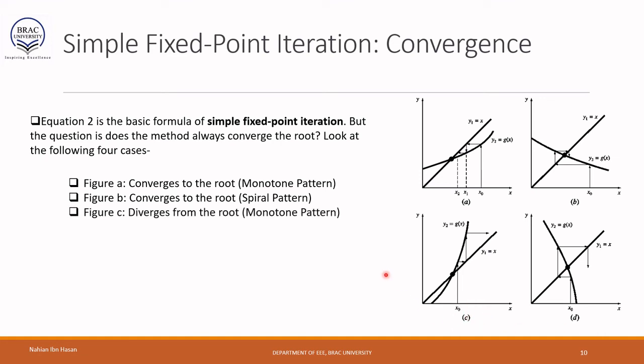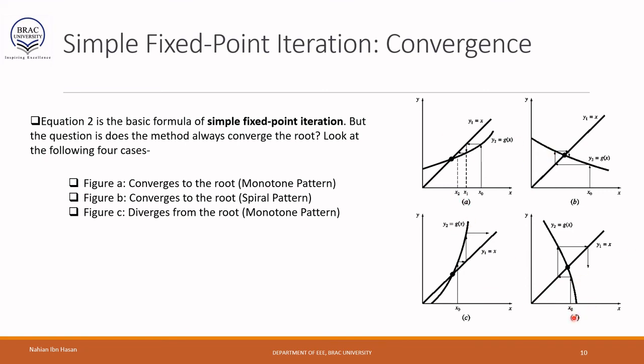Figure C is a monotonous pattern because it gradually goes away from the original root location. That's why it is called the monotonous divergence pattern. In figure D, similarly, we have a divergence pattern, but in this case the divergence goes in a spiral pattern. We have a new g of x, which is this y equal to g of x graph, and the y equal to x graph is the same as in the last three cases.